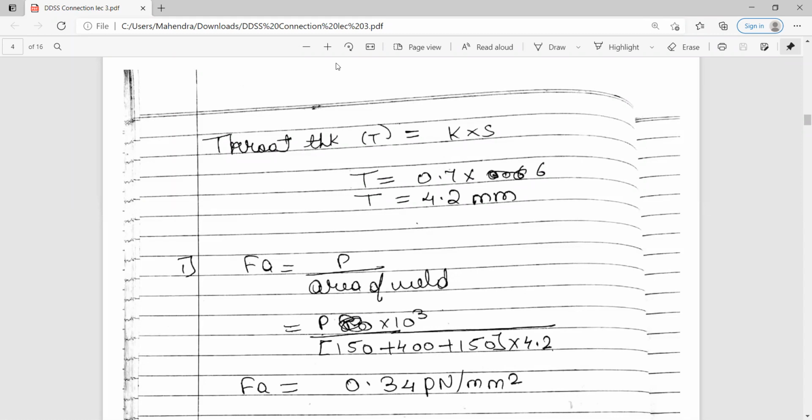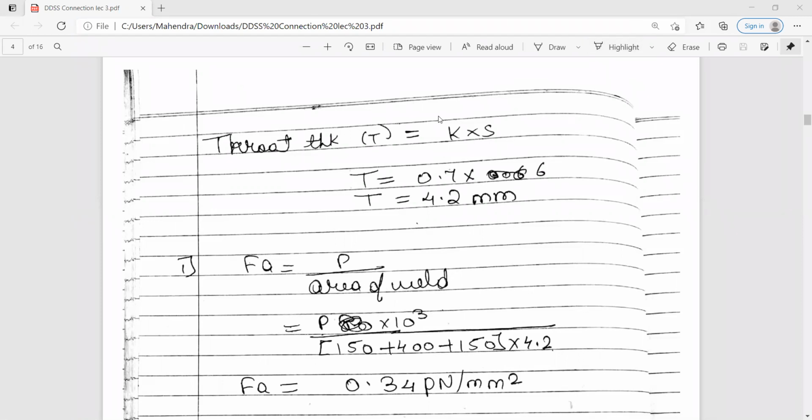So just do up till here. See whether you are also getting 0.34 or not. How is it P into 10 raised to power 3?